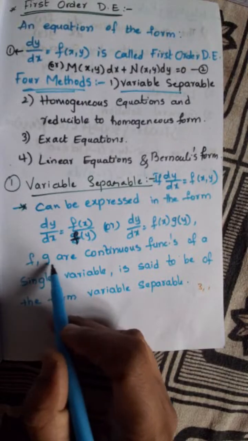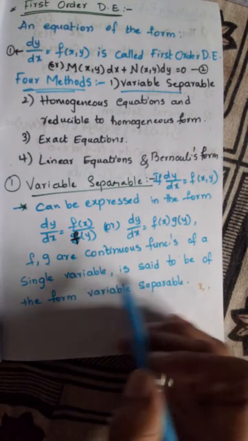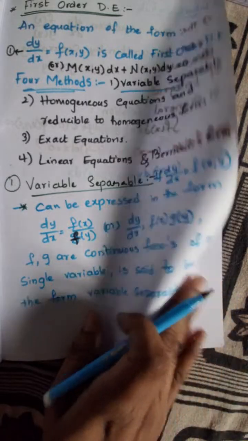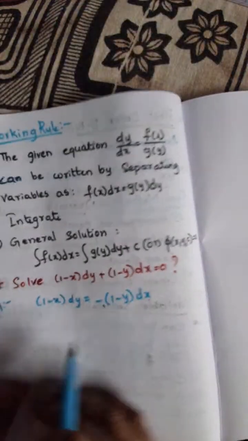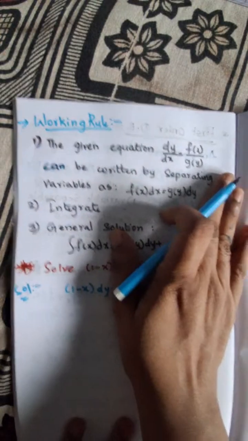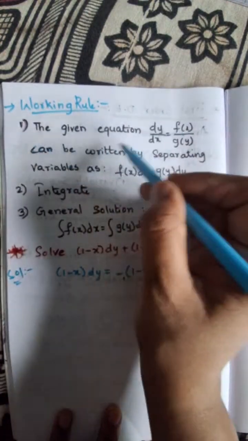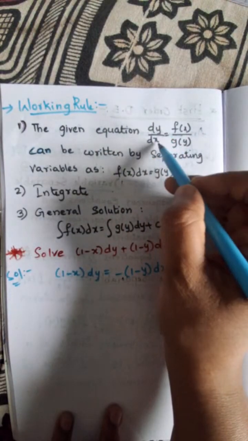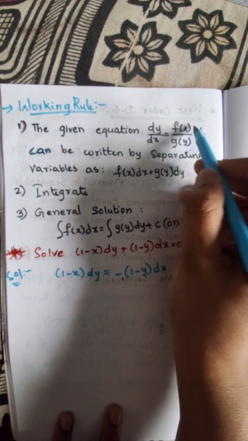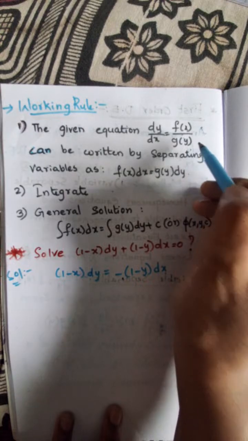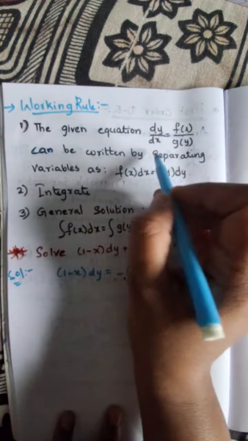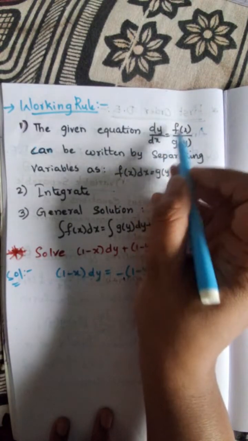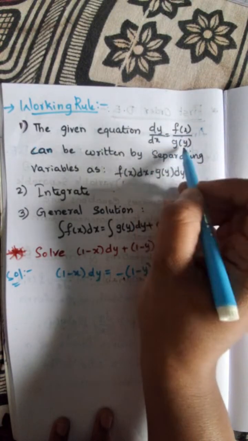Here f and g are continuous functions of a single variable, and this is said to be the variable separable form. Now the working rule of variable separable: how to apply this rule? The given equation is in the form dy by dx equal to f of x by g of y. It can be written by separating variables as f of x dx equal to g of y dy.